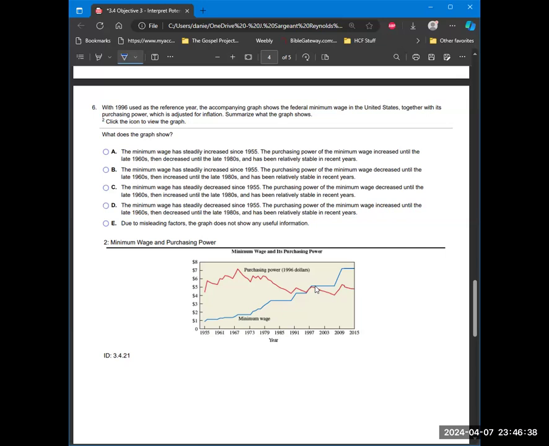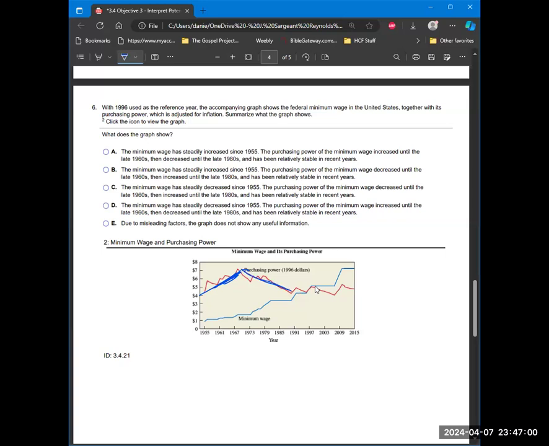until the late 1960s. We see this trend right here where the purchasing power is going up, then decreased until the late 1980s, which is right over here.